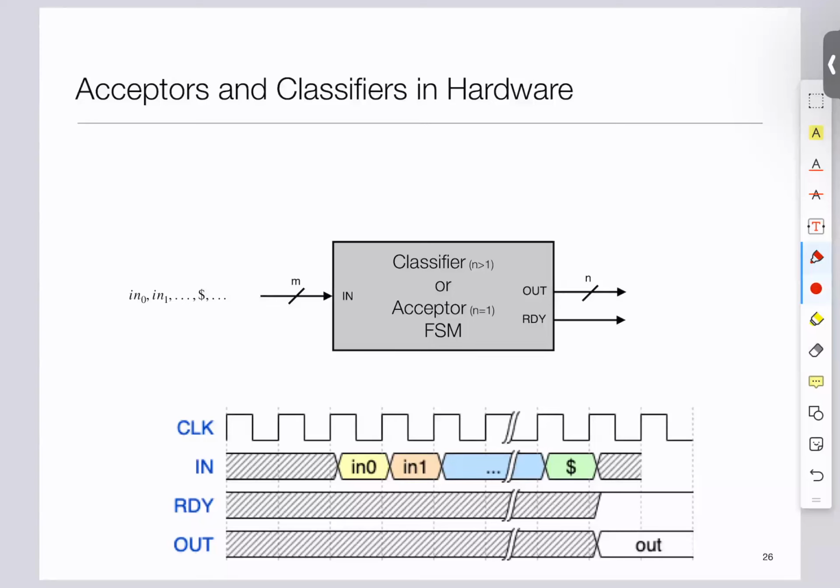I give you an argument with a string of certain length, and then you operate on it, or a file of finite size. But hardware has some interesting characteristic. My sequential system is always running. I power it up, clock ticks keep coming, it's always doing something. So when you have acceptors and classifiers in hardware, they take a little bit of a different form than the way this mathematical version does.